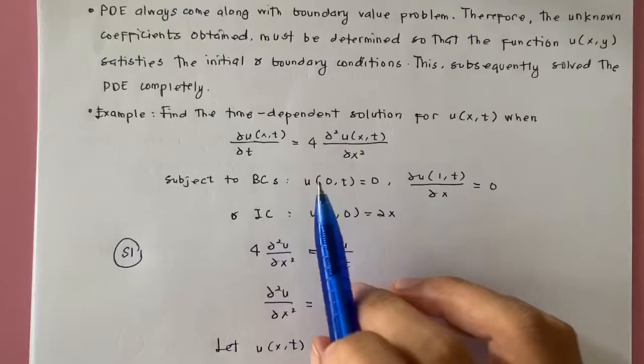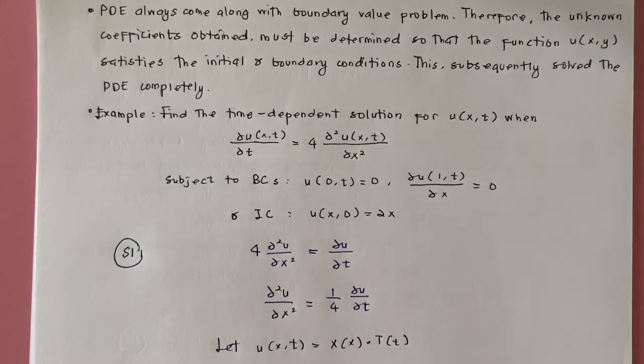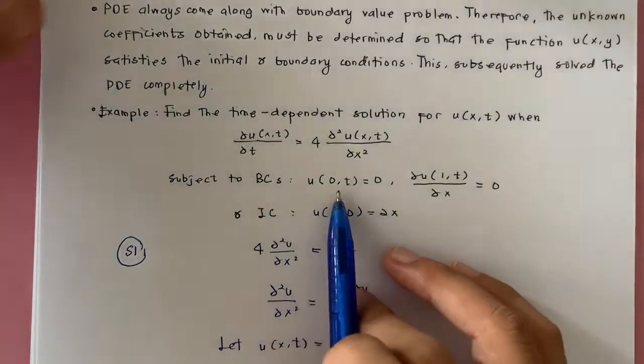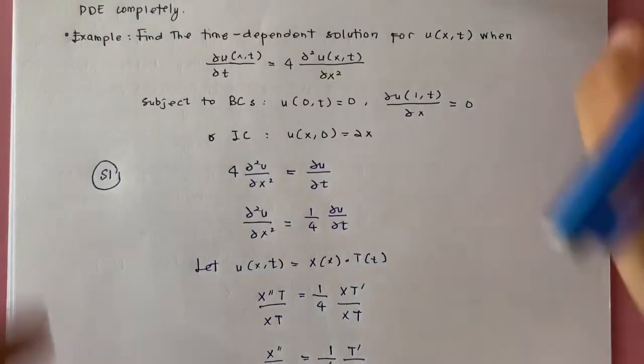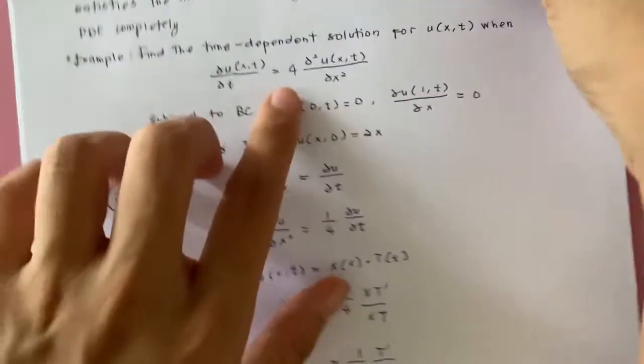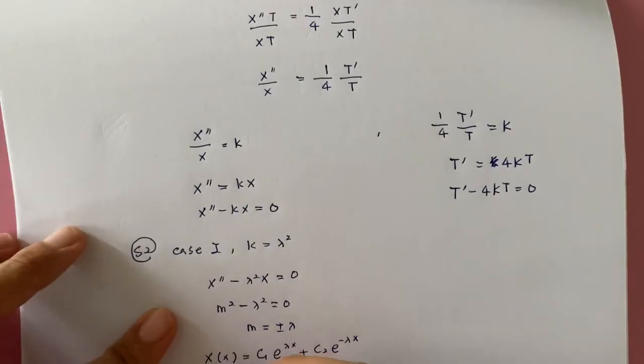So we substitute the boundary condition. The first boundary condition states that when x equal to 0, then X is equal to 0.